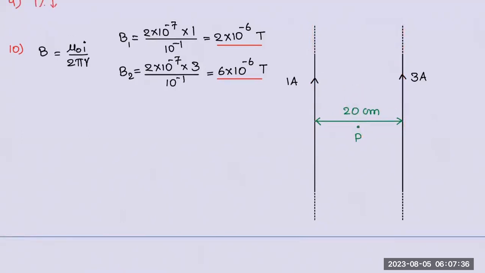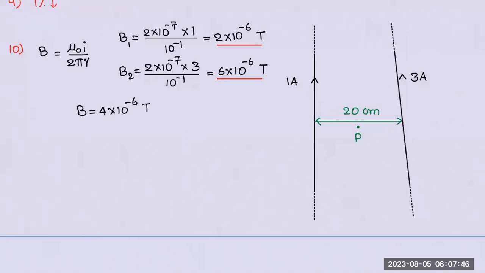Now they are in opposite directions, so we have to subtract. So the net magnetic field B is equal to 4 into 10 power minus 6 Tesla. Assume that by chance the current is reversed like this. If the current is reversed, then both will be added, and you will get 6 plus 2, 8.